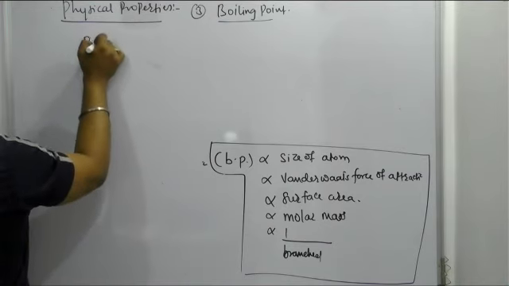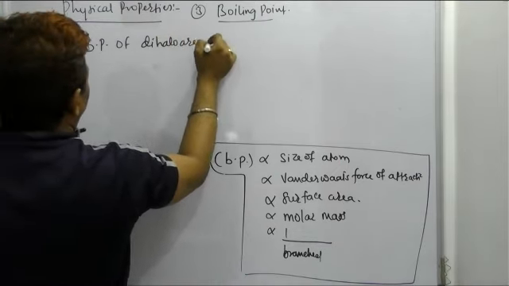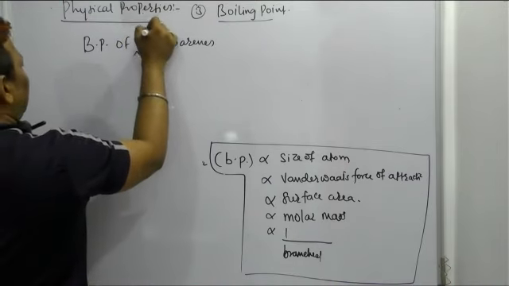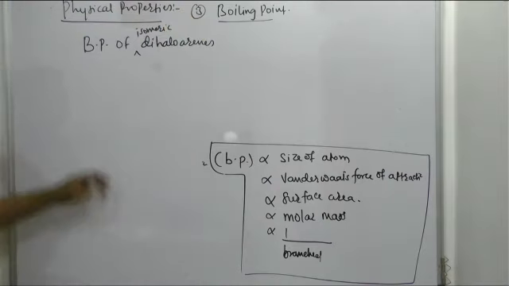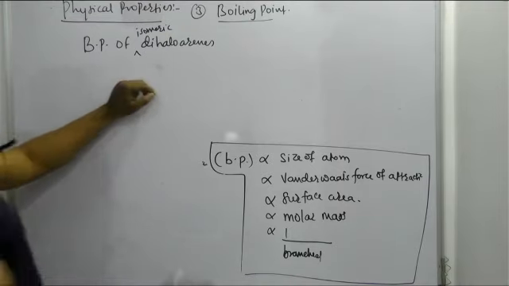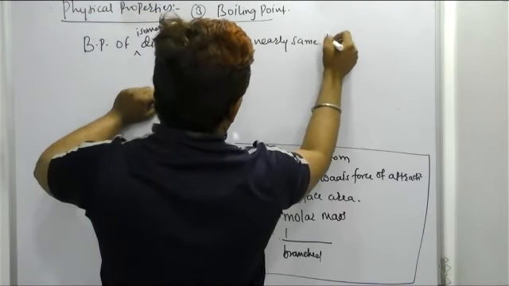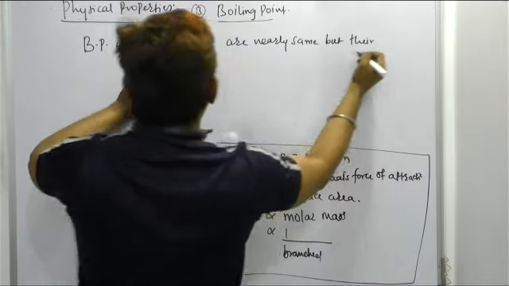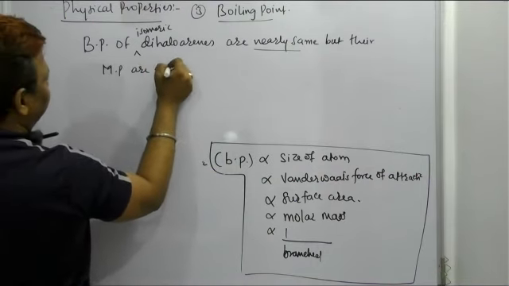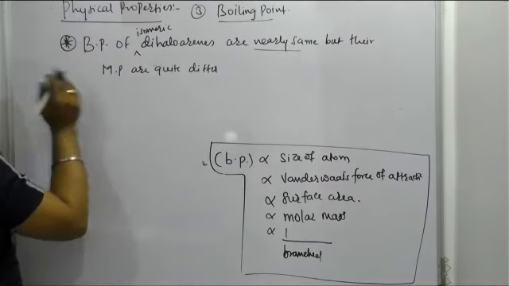Remember, beta, nearly the same, not exactly, but their melting points differ quite a lot. In the IIT or NEET point of view, this is the most important question they used to ask us.